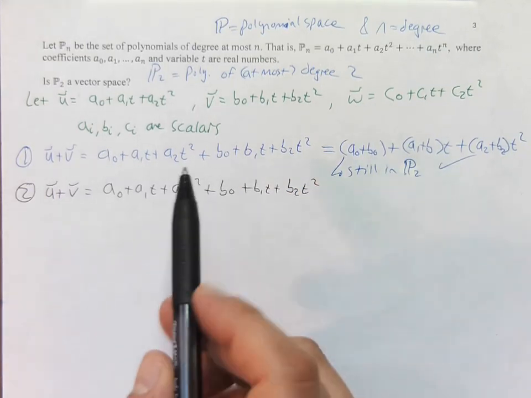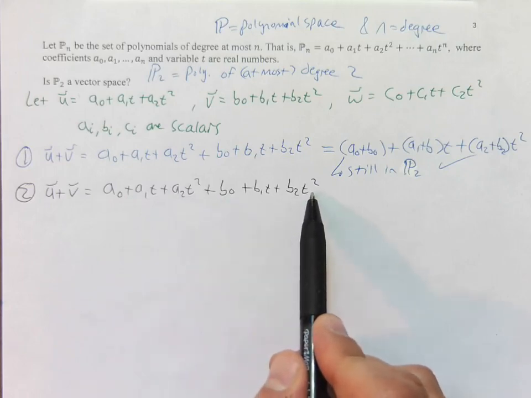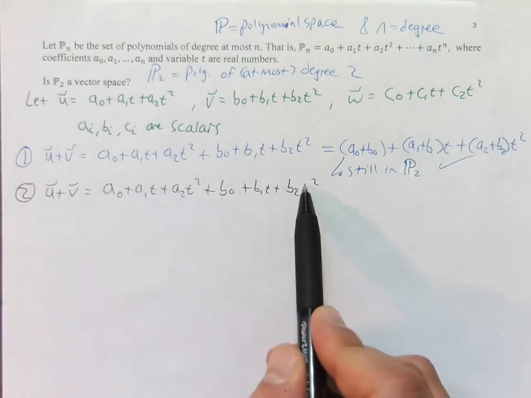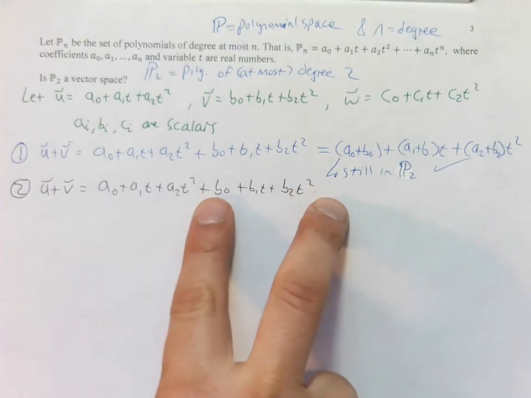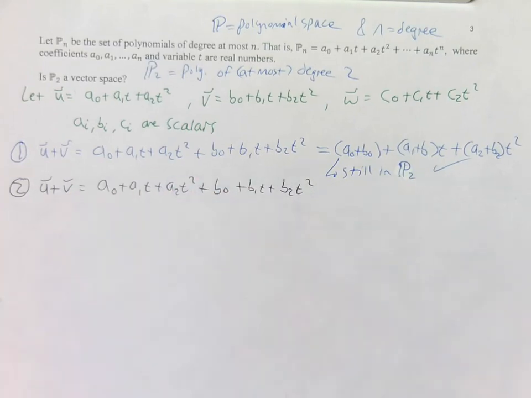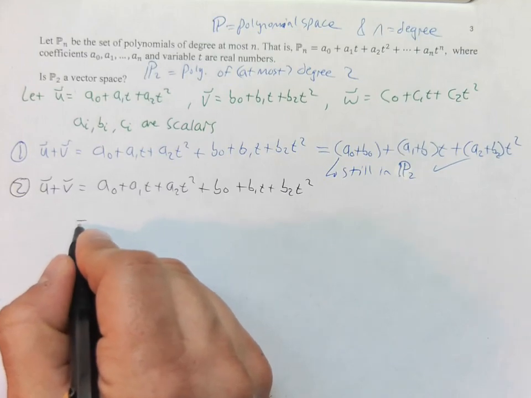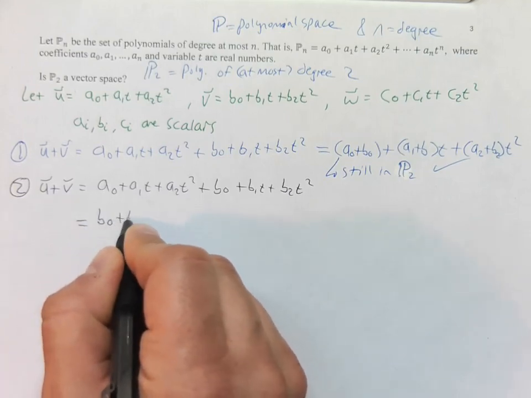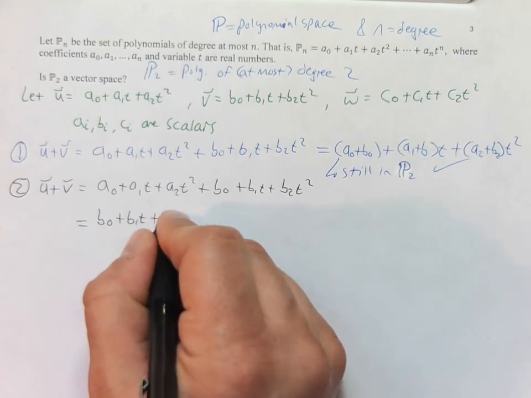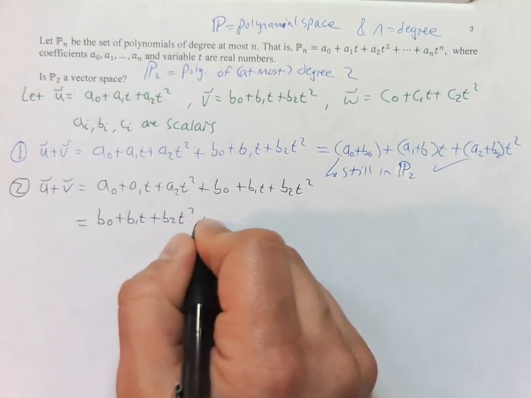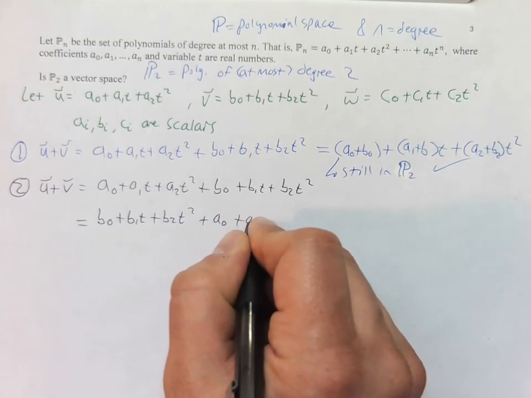Since we have just a bunch of terms being added, we can take these ones and put them in front of the other ones, and then it becomes v plus u. We literally just change the order because it's just a bunch of terms being added. And this is exactly what we wanted to show.